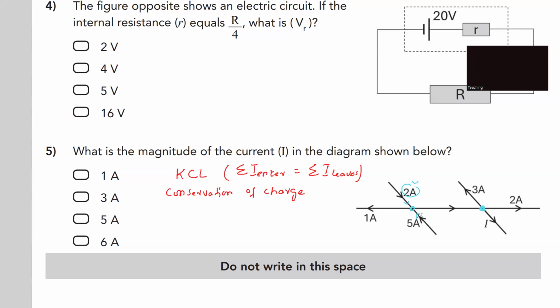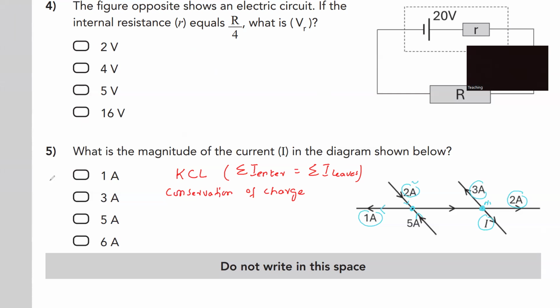Similarly, 5 ampere also enters the node. But 1 ampere leaves from this node. If I move to node 2, we see that 3 ampere leaves, current I also leaves, and 2 ampere also leaves. So just rearrange these things and you can get the answer.